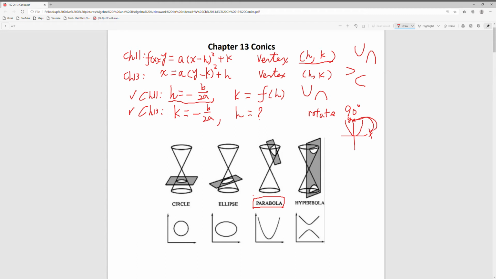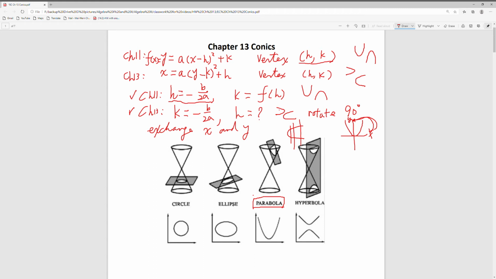So when a vertical parabola becomes a horizontal parabola, we exchange x and y to have the new function. We don't call it a function because the horizontal parabola is not a function. It won't pass the vertical line test.